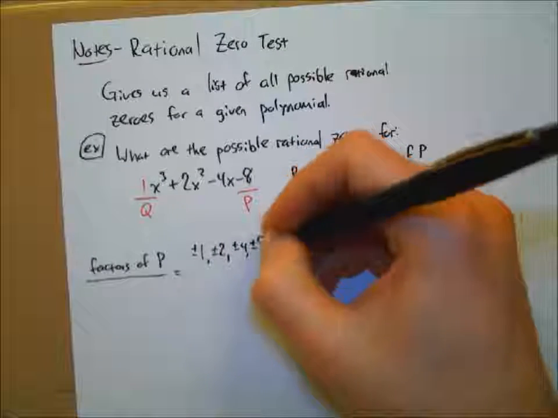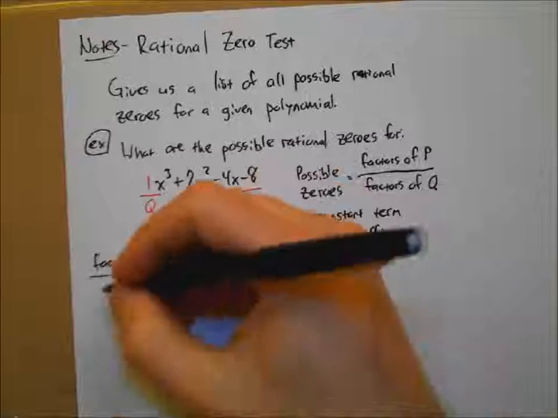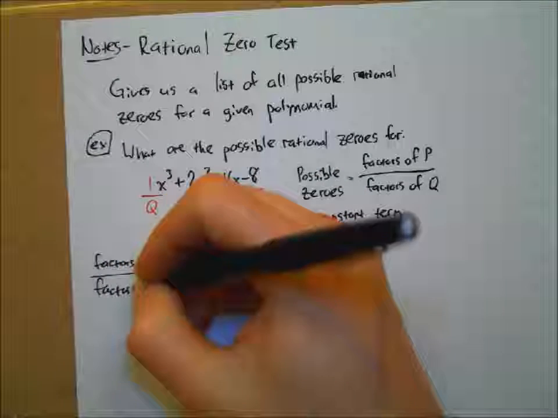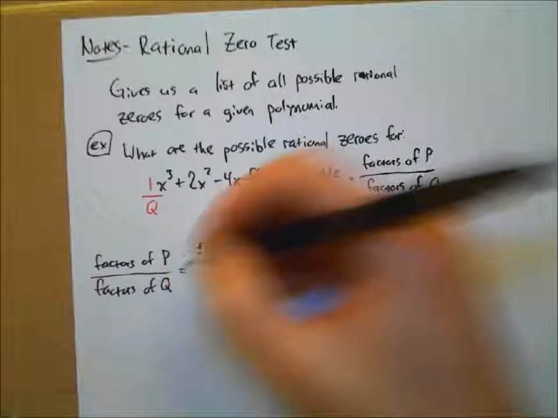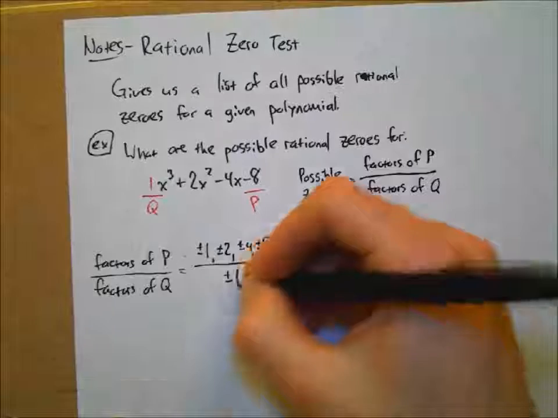And of course, plus or minus 1, plus or minus 2, plus or minus 4, plus or minus 8, because both positive and negative 1 divide 8 evenly, both positive and negative 2, 4, and 8. All right. What about the factors of Q? Well, just 1, or positive or negative 1.